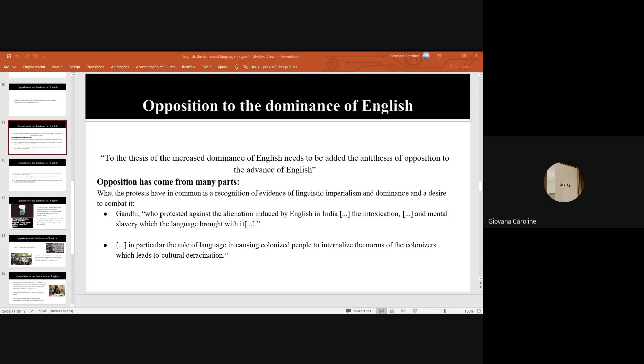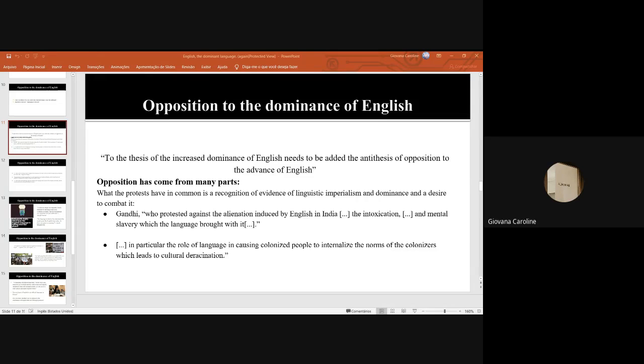So, behemoth, bully, and thief. How the English language is taking over the planet. And right at the beginning, he writes, no language in history has dominated the world quite like English does today. Is there any point in resisting?